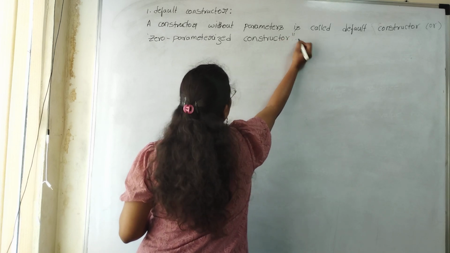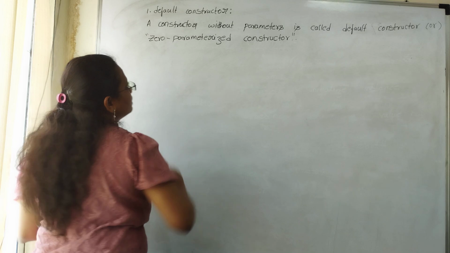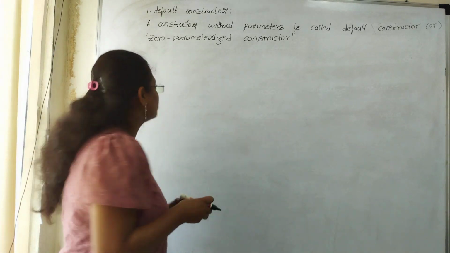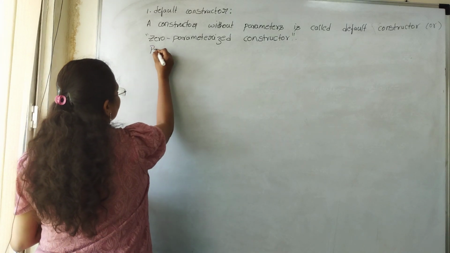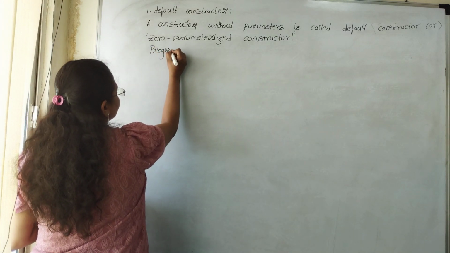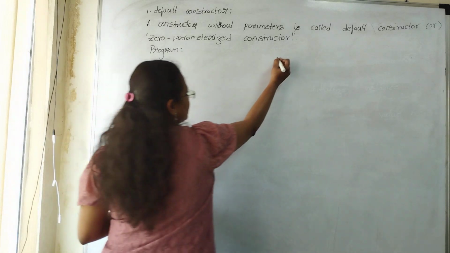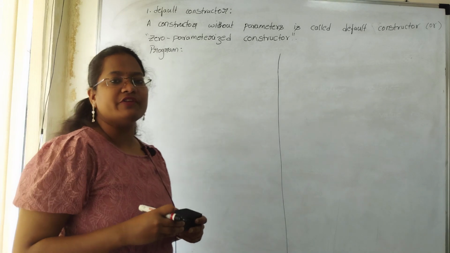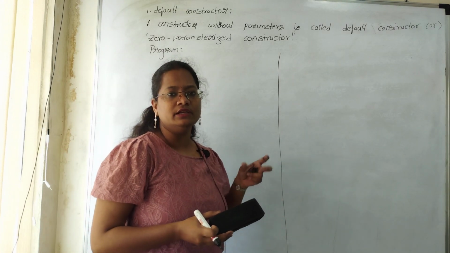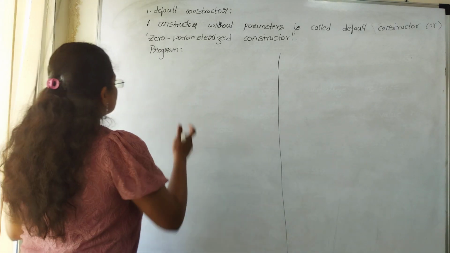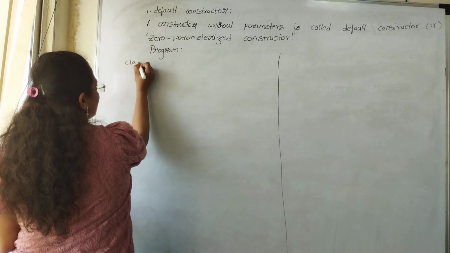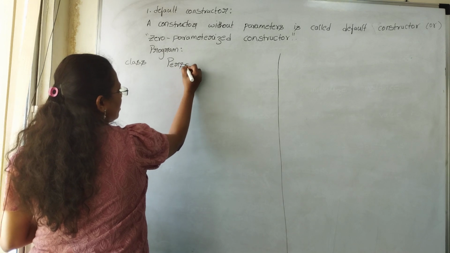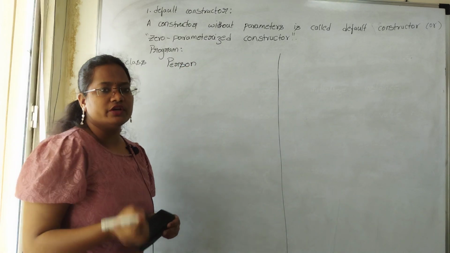Now we need to see one program showing how we can represent a default constructor. I am taking person details, like ID and name. If any person is there, the person can contain an ID and a name. I am taking a class name like Person, or Employee or Student, anything based on your requirement.